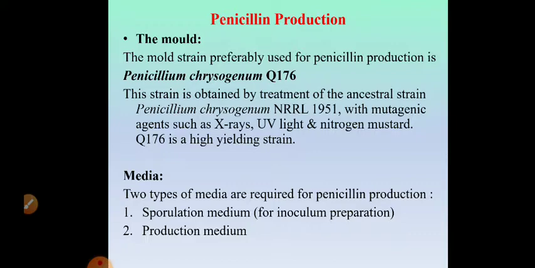It may be stored by lyophilizing in appropriate media. It can be stored under liquid nitrogen in a frozen state. So it is stored as a spore suspension either in sterile soil or sand, or lyophilized in a particular medium, or under liquid nitrogen.